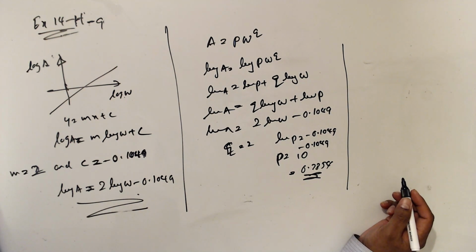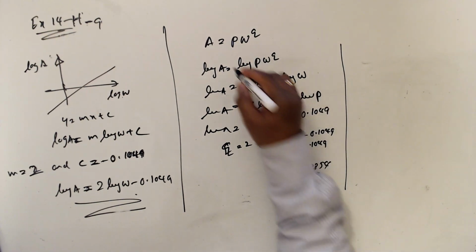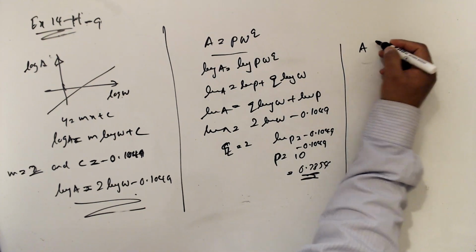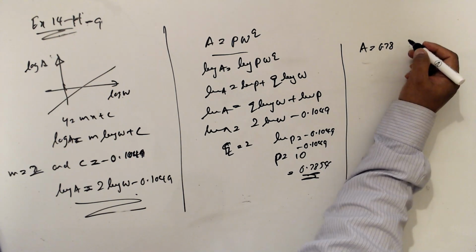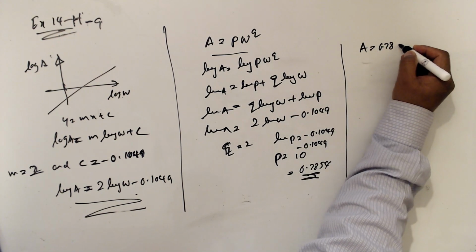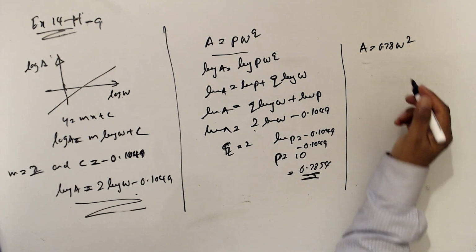Question number C. Suggest a name of family of shape that the student is investigating and justify your answer. So this is A equal 0.78 W to the power q equal to W square.